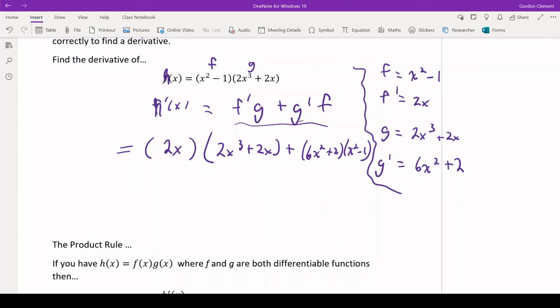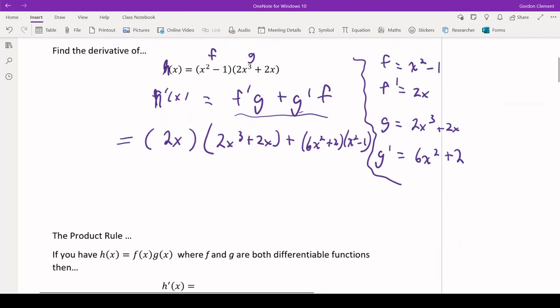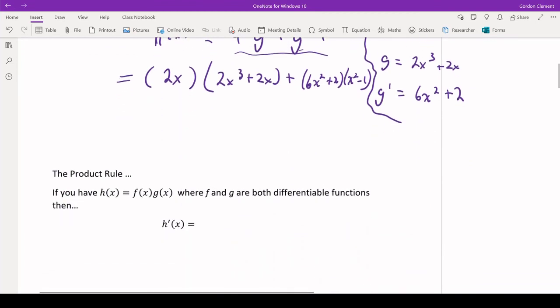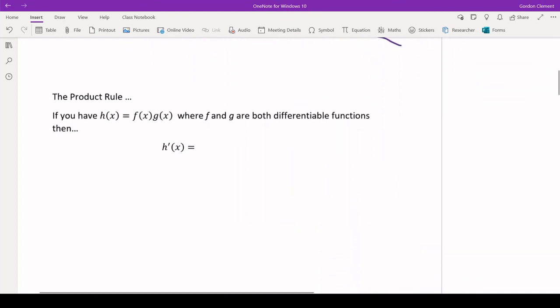So start with the first thing's derivative first. So f is first, f prime first, and then mix and match f prime with g, g prime with f, with a plus sign. Memorize it in that order so that, well, you're going to want to memorize it because you're going to use it a lot in this course, so it's not a tough one to remember. It's easier than looking it up every time. Memorize it in that order.